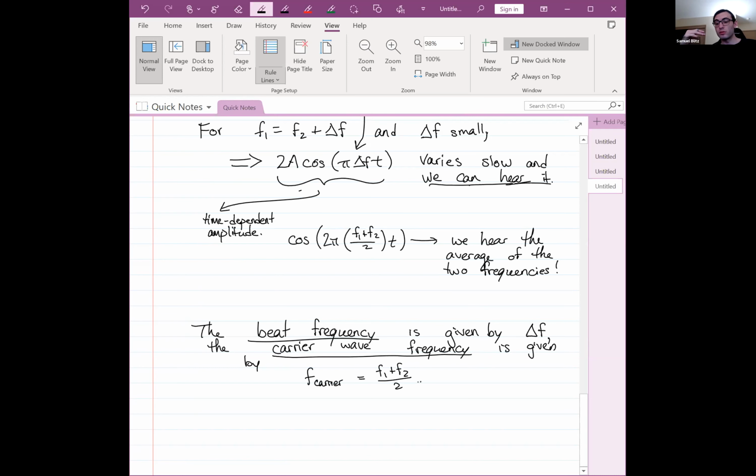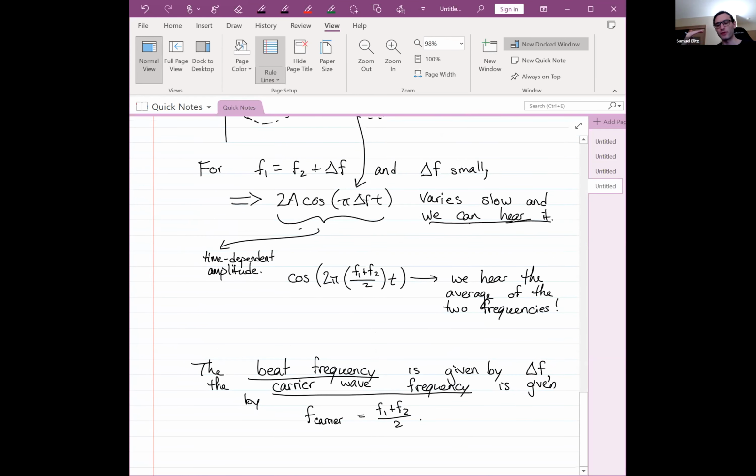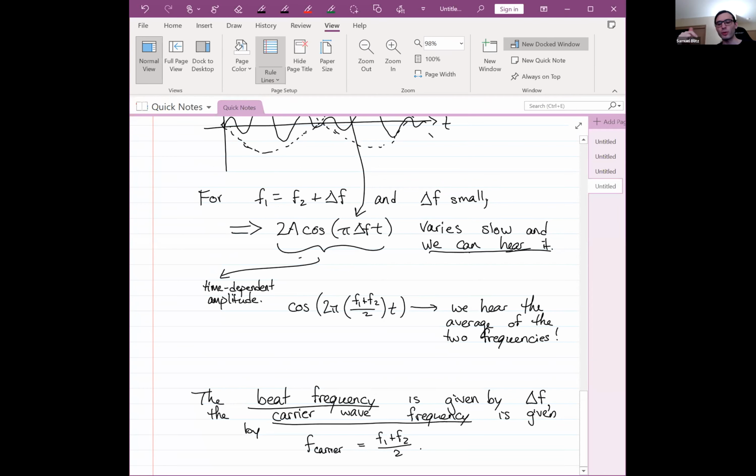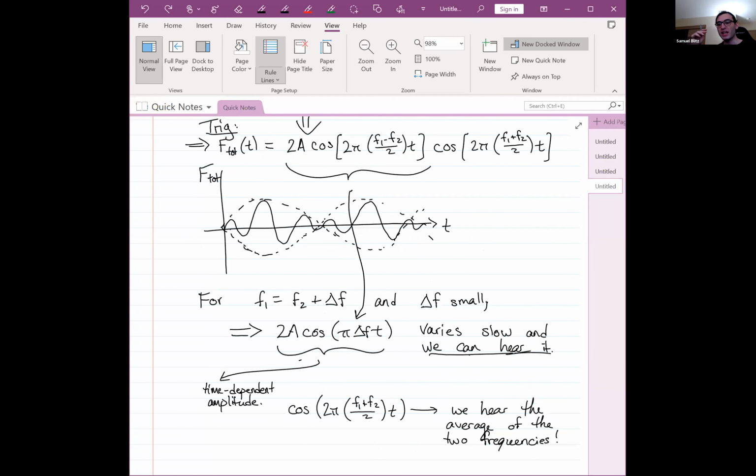So let's just think about this for a minute. Why is it that the beat frequency is given by delta f? Well, you might say, shouldn't it be delta f over 2? Because we need a 2 pi in front in order to get one full oscillation. But consider that we only hear intensity, not amplitude. So while it's true that the amplitude will become negative, we hear that exactly the same as if it were a positive amplitude.